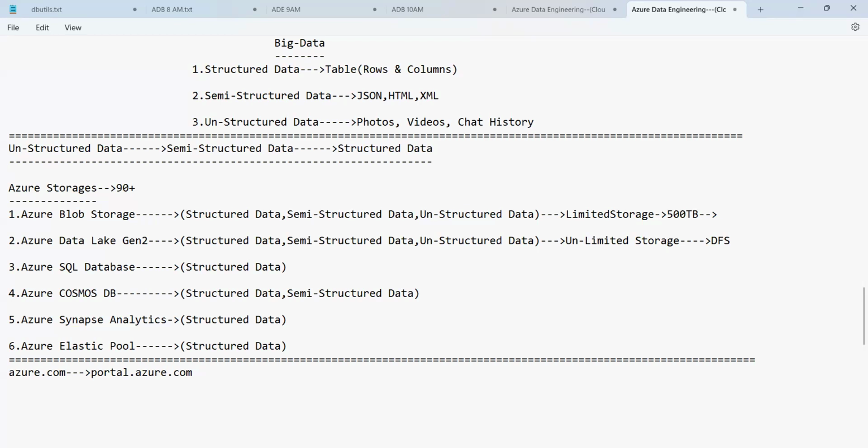So here, as a data engineer, you will be involved in all the tasks, though a few tasks are different. Database designing is not basically done by data engineers, because you will have database architects separately, which we call solution architects.